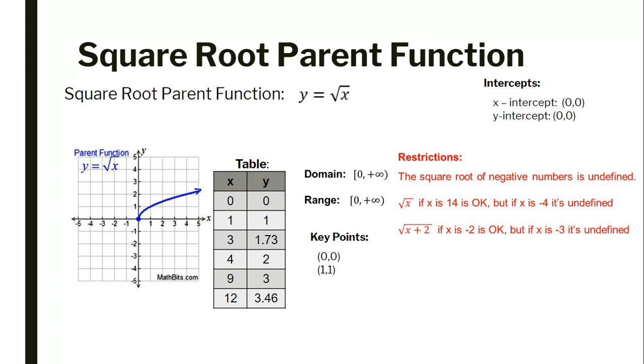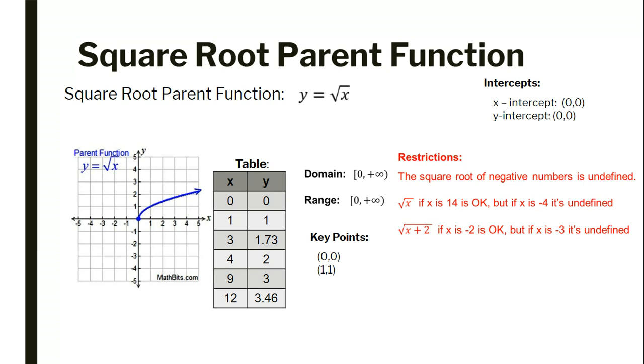Now, there are some restrictions with the square root parent function or any square root function. Whatever's under the square root cannot be negative. That does not mean that there can't be negative numbers there. But once you get done analyzing the expression, it can't be negative. Why? Because you can't take the square root of a negative number and get a real number answer.